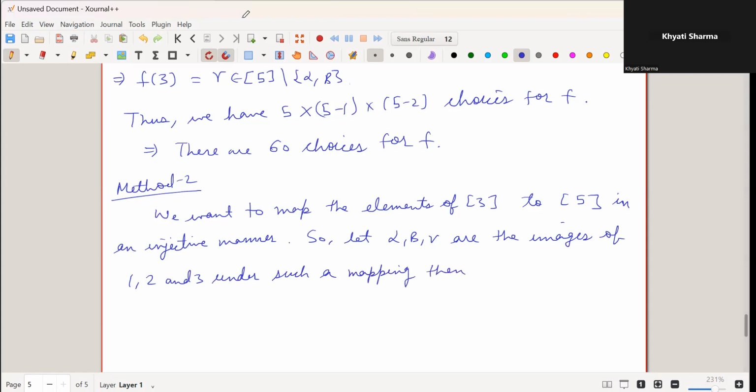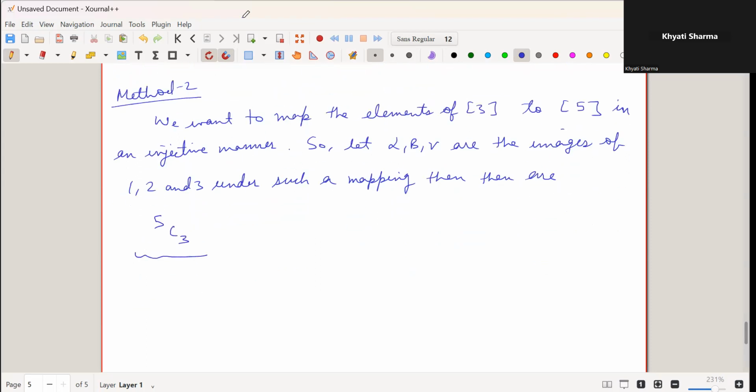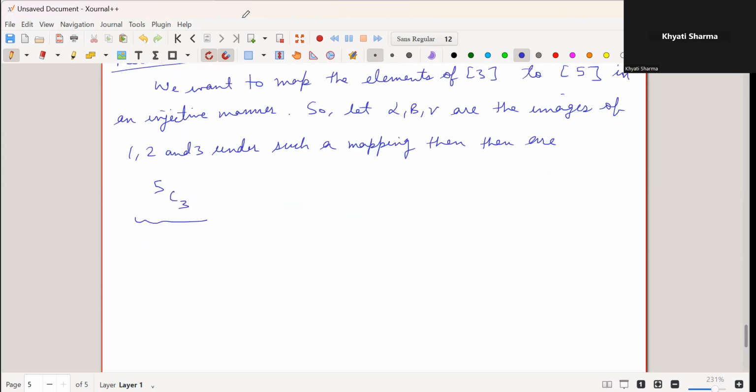Then how many possibilities are there? So you choose, this is for choosing 3 elements out of 5.